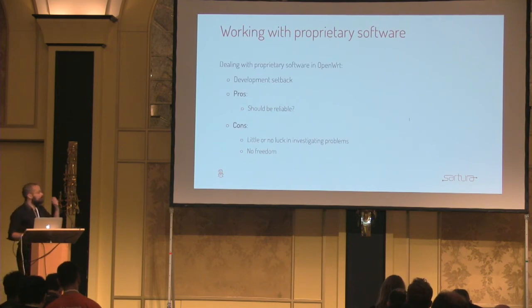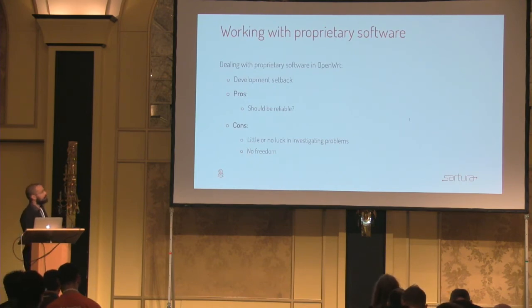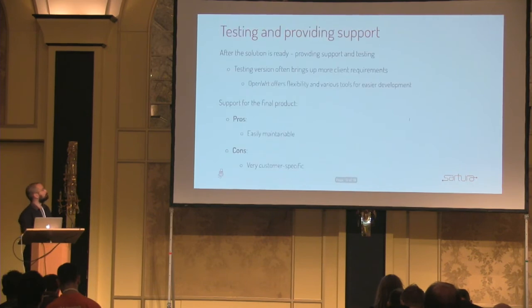So working with proprietary software in OpenWrt, but I think in general everywhere, could be very tricky. It might work at first and everything goes well, but it might not as well. This is one of the experiences that we had when working with proprietary software on OpenWrt.